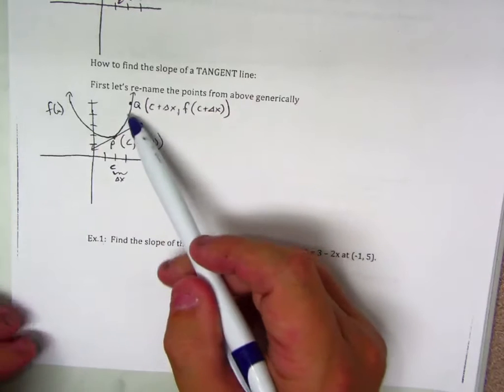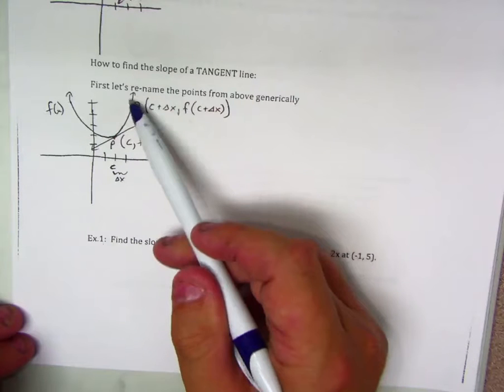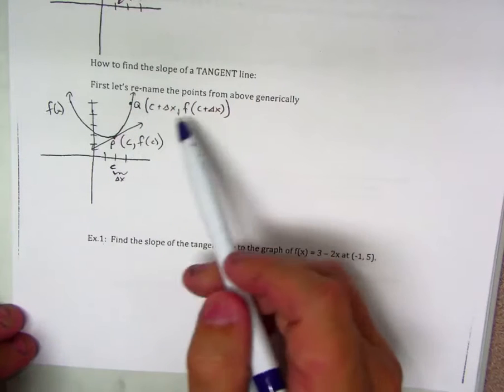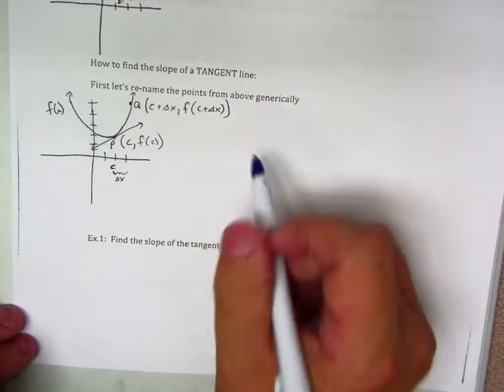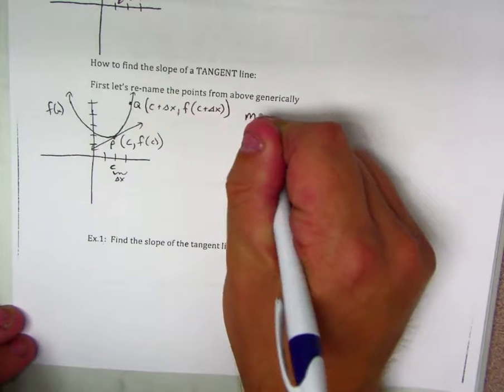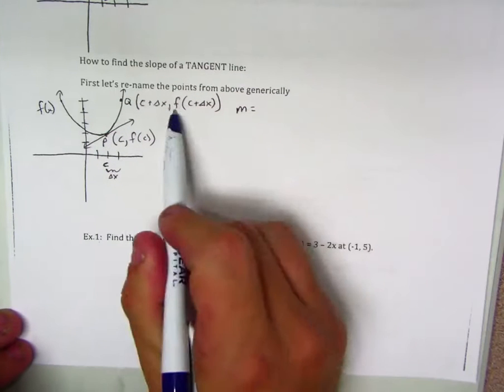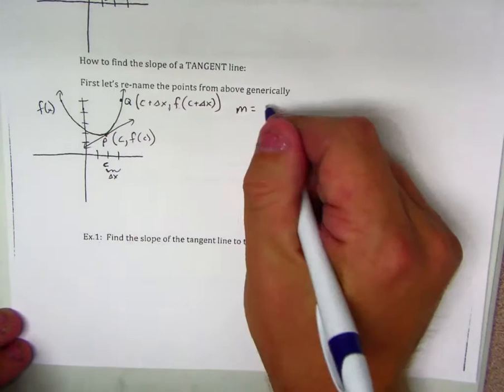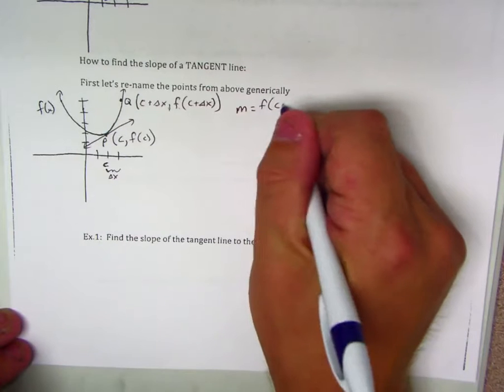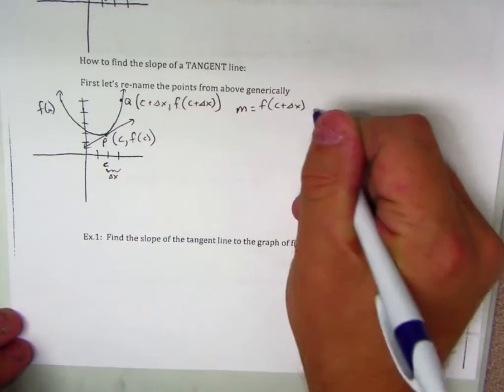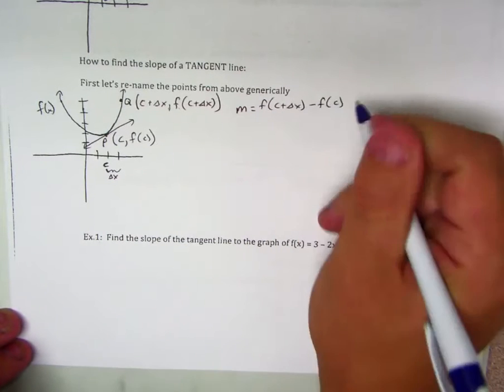And think about if we wanted to find the slope of that secant line between Q and P using this notation. Let's just use our normal slope formula. If I want to find the slope, we would take y minus y, so f of c plus delta x minus f of c.